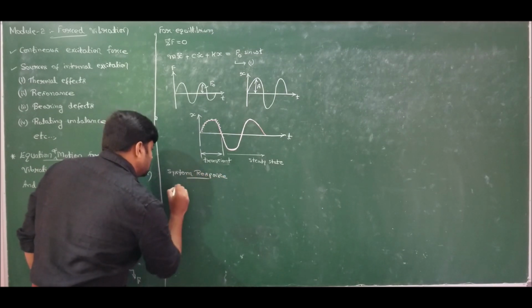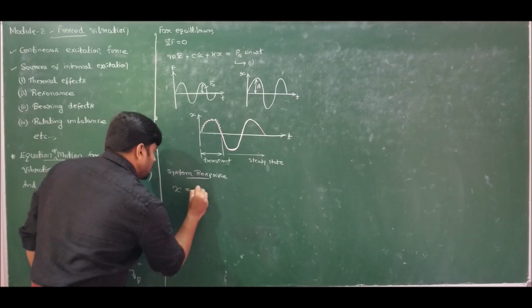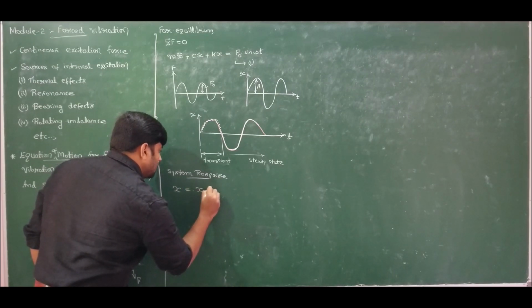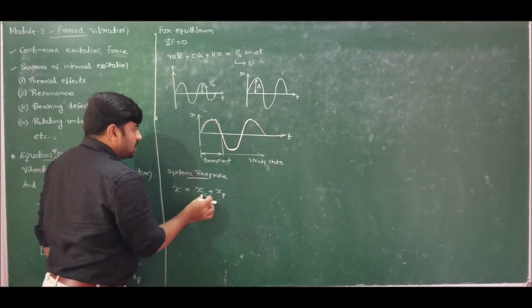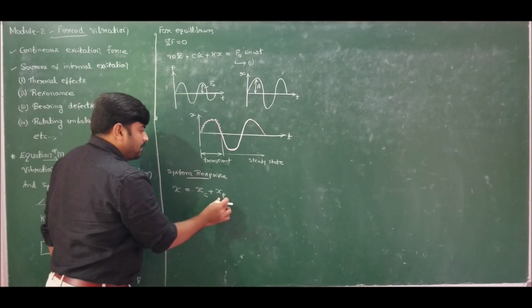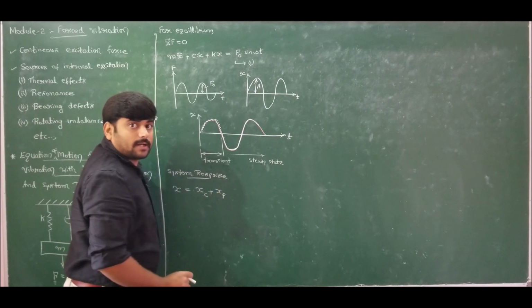Now if I consider the total system response, that is x, it comprises the complementary solution plus the particular solution. The complementary solution is for the transient part, whereas the particular solution is for the steady state part.